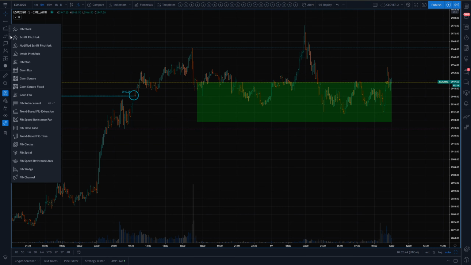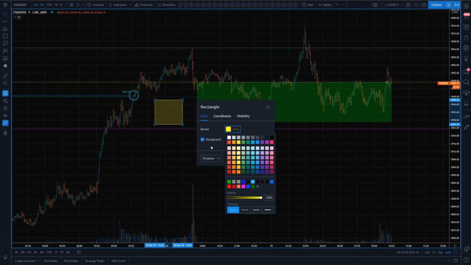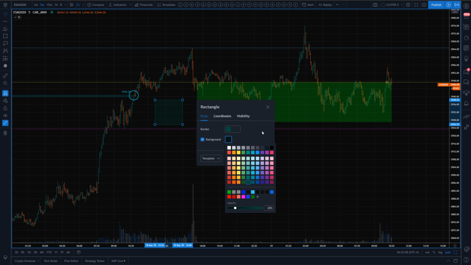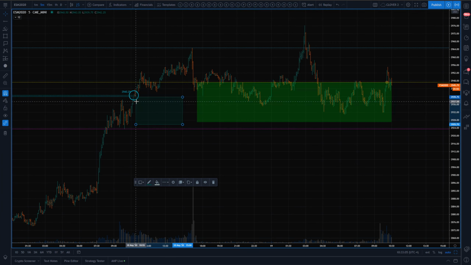And remember, when I was drawing the previous session, I drew a green candle. Let's just make this a different color green. I drew this green candle from 9:30 in the morning on the previous day.